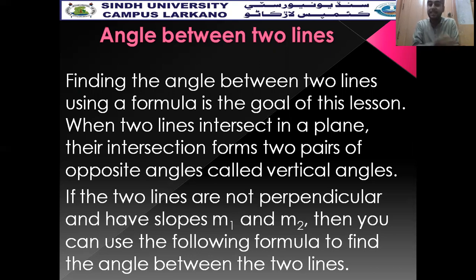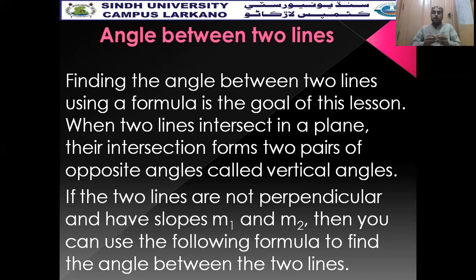When two lines intersect in a plane, their intersection forms two pairs of opposite angles called vertical angles.